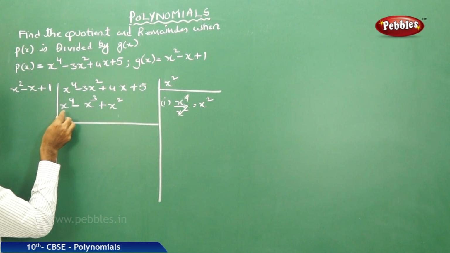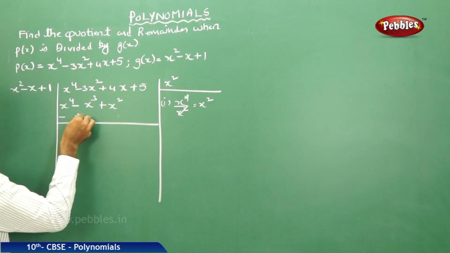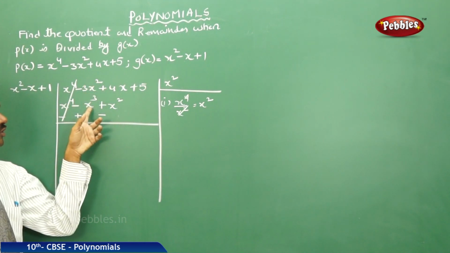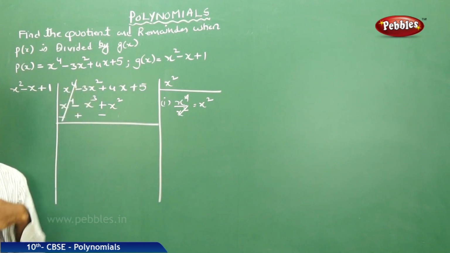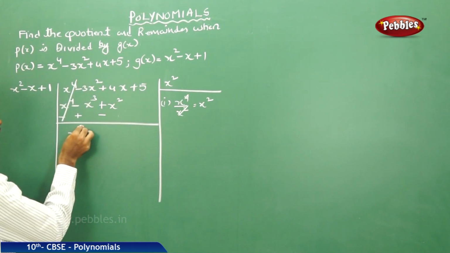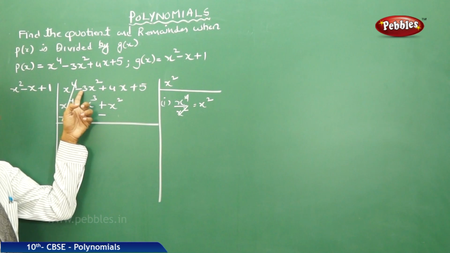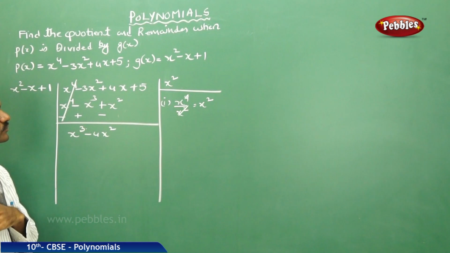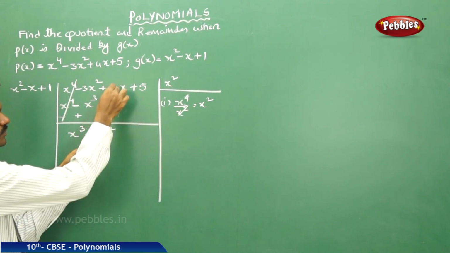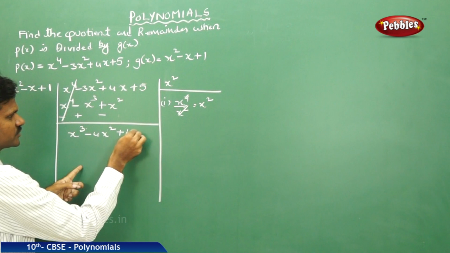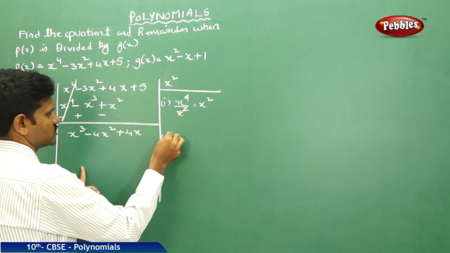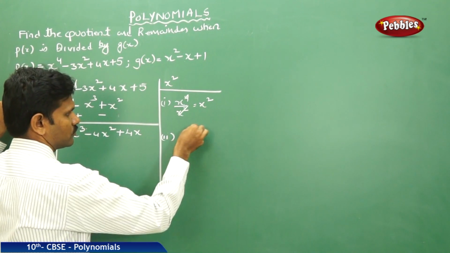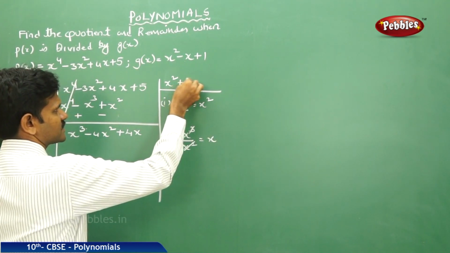Now the subtraction process is going on. Change the signs, minus, plus and minus, both terms are cancelled. Next, this is the square term, this is the cube term. We are unable to simplify, write in order. That is x cube, minus 3x square minus x square, which will give you minus 4x square. X cube term, x square term, next x term, that is plus 4x. Come to the second cancellation, x cube by x square, which will give you plus x.